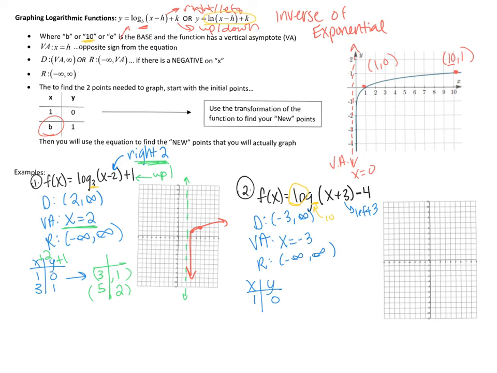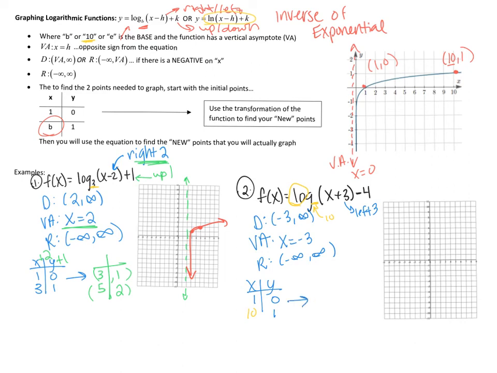It's kind of like when we write a square root. We don't write a little baby 2 out there because we just know it's called a square root, so it must be a 2. Same way in a log, if they don't write a base, we just have to know that there's a 10 there. So my base is going to be 10 here, and then it's going to be comma 1. All right, so now we're going to transform this function.